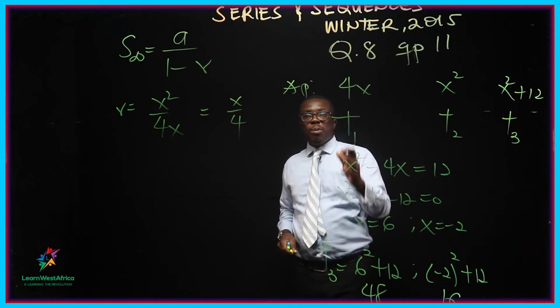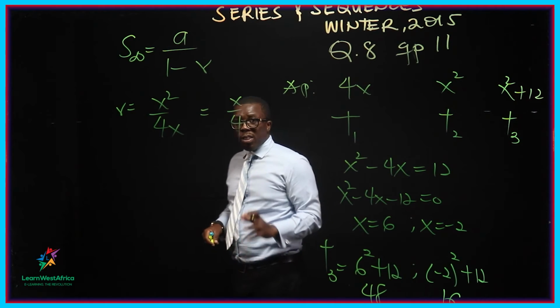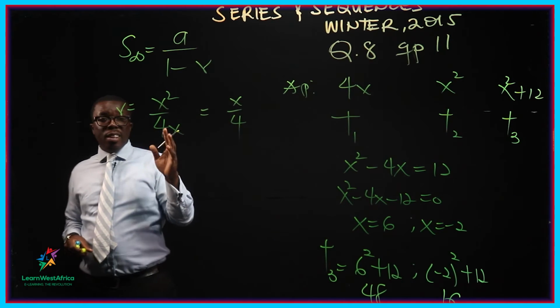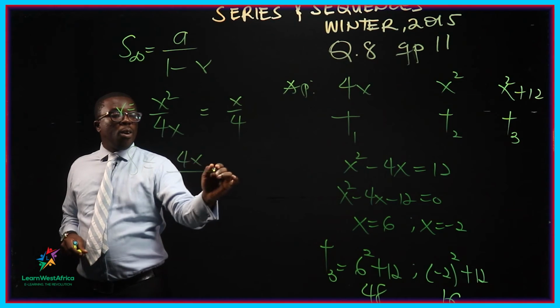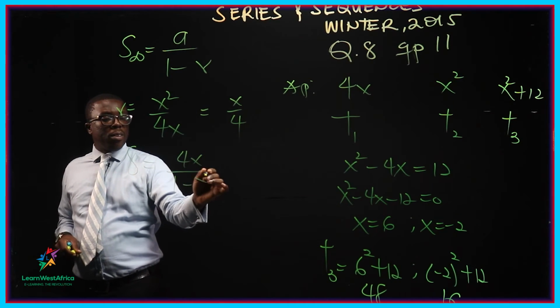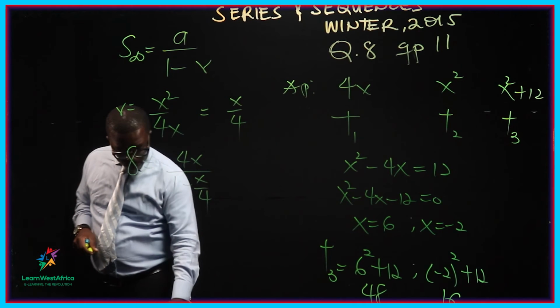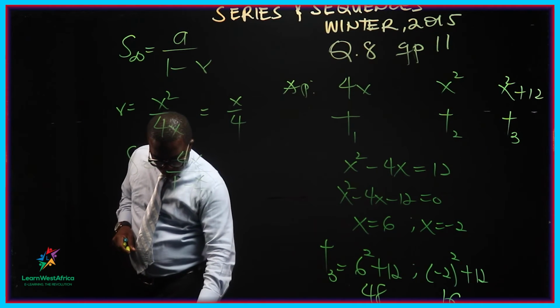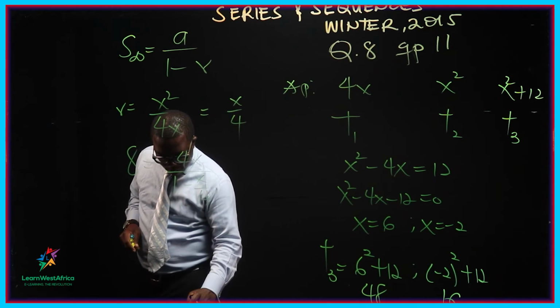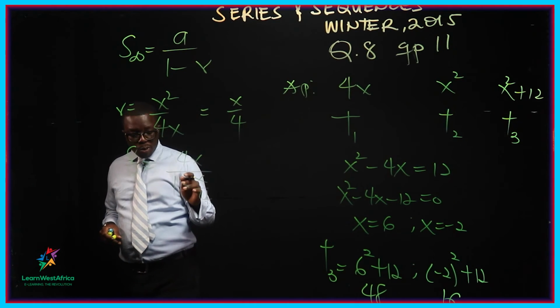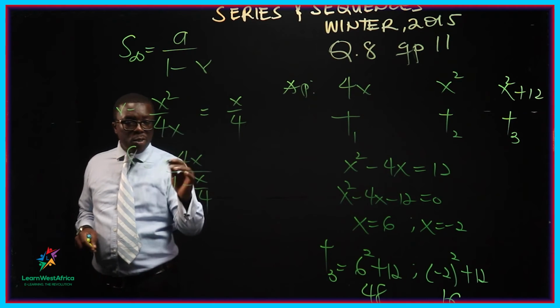So your common ratio is x over 4 if it were a geometric progression. Now, we know the first term to be 4x, so we just do the substitution. And the sum to infinity, they say, is 8. So we can say that 8 is equal to 4x all over 1 minus x over 4. When you resolve that, you are going to generate your x value.